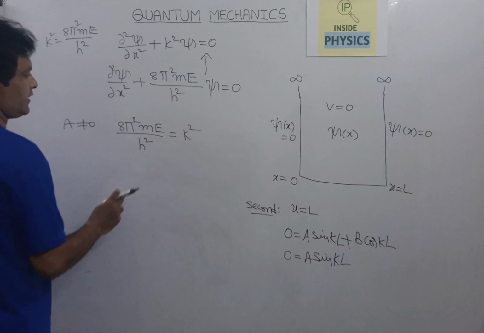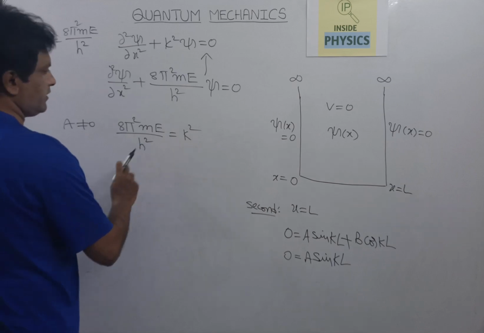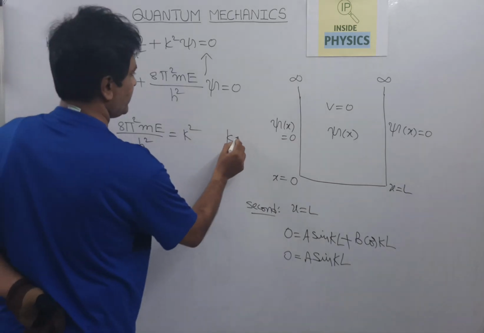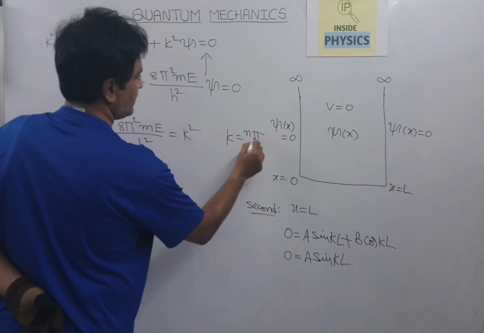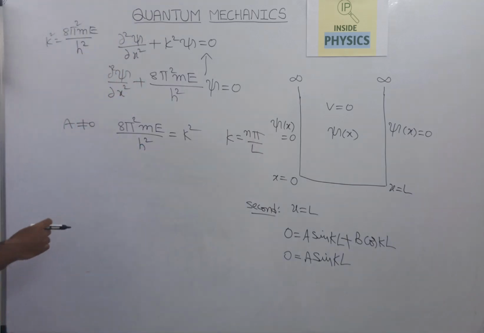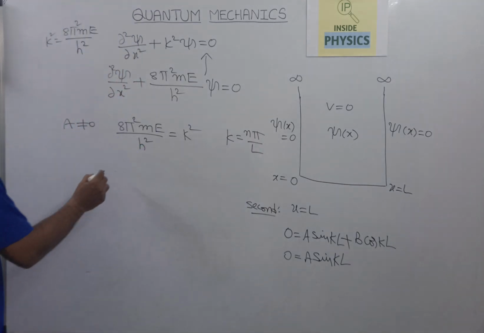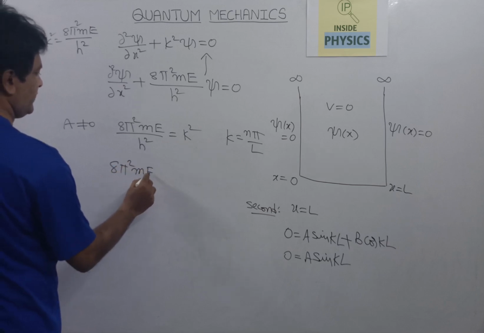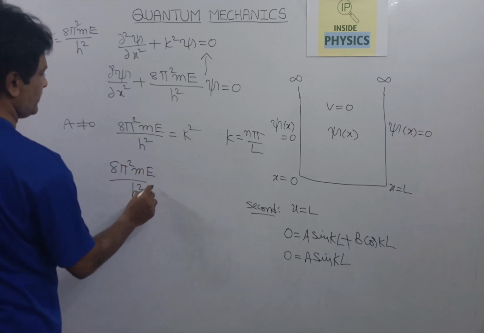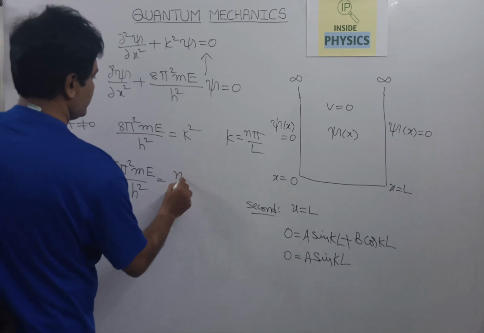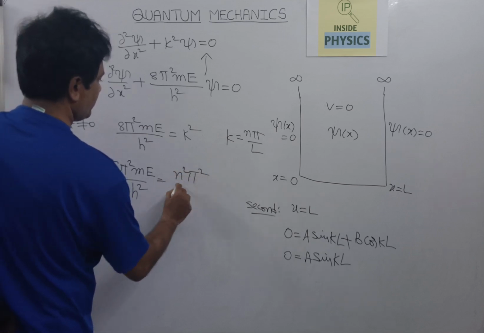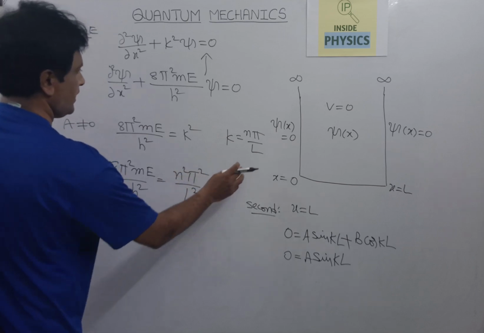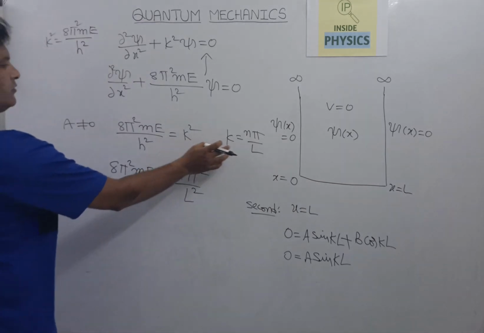Here see k, what we got in the previous calculation, n pi by L. So if you put 8 pi square me by h square is equal to n square pi square by L square, I have taken the k value from here.